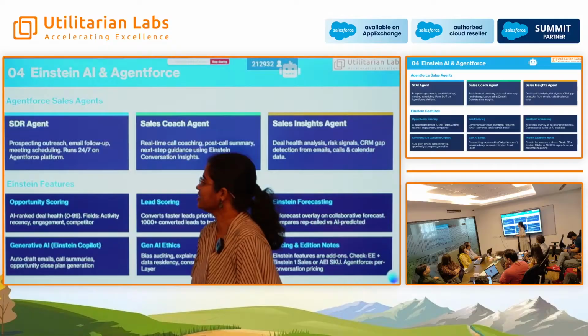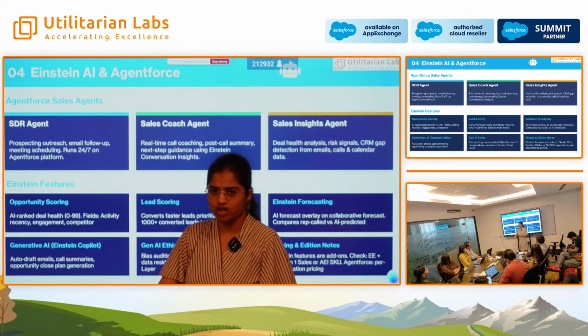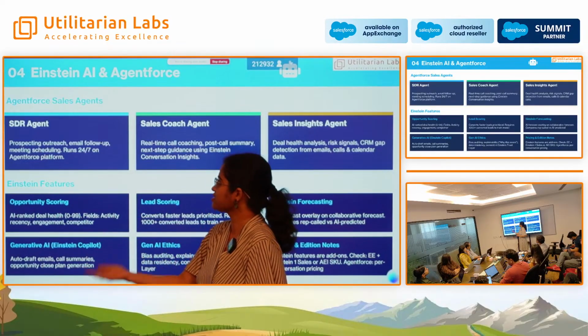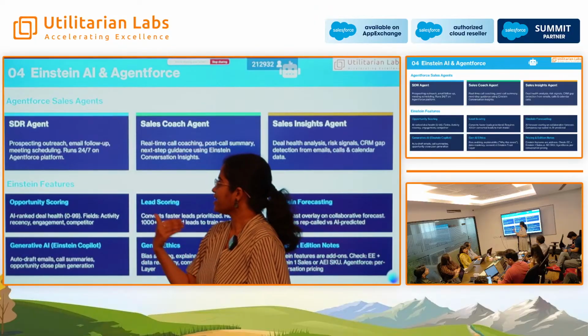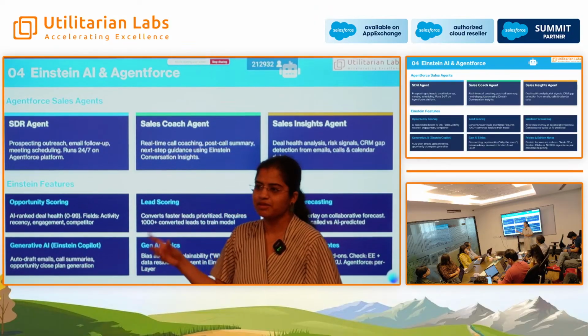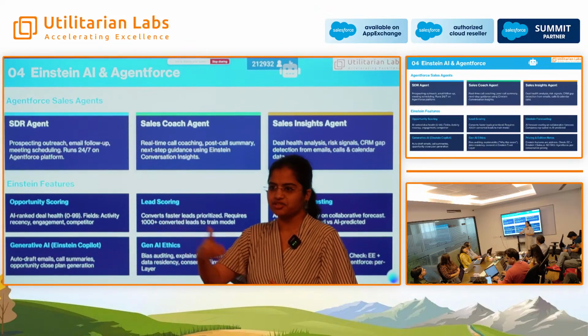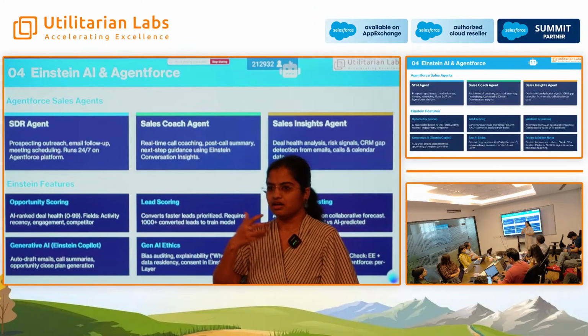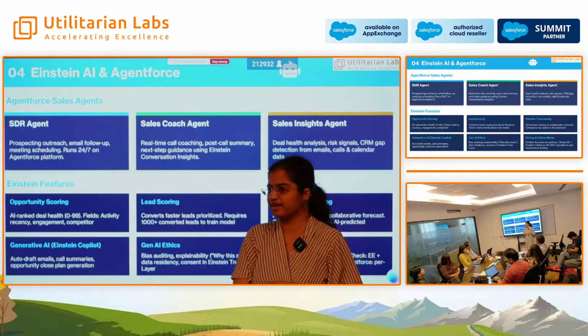What the agent does is, once prospecting comes in, it sits on the system 24/7, does outreach calls, automation (also available in CTS, no), email follow-up, and meetings will be scheduled. This will be done by the SDR agent. Once the call is successful, we can pass it to the human SDR, who will have the human touch, get the demo booked, and carry on the work.